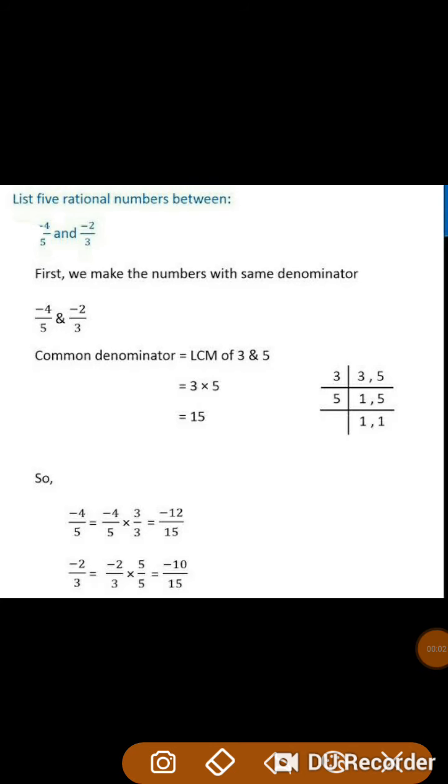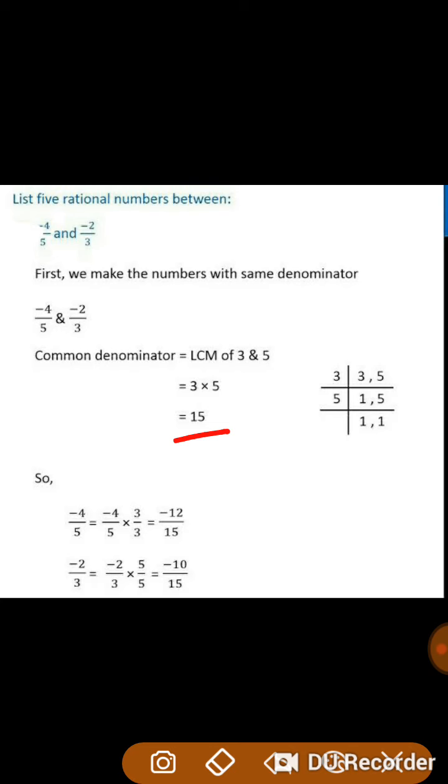Now let us take an example of 2 negative rational numbers. Here we have taken minus 4 by 5 and minus 2 by 3. Our first step is to make the denominators same, for which we will take the LCM of the denominators 3 and 5, which is 15.